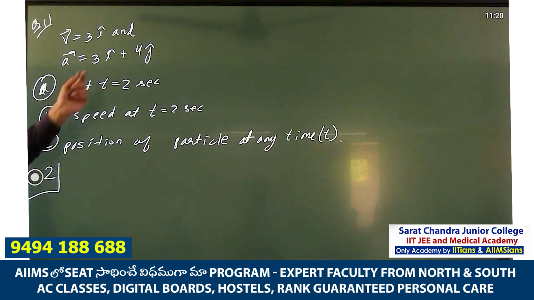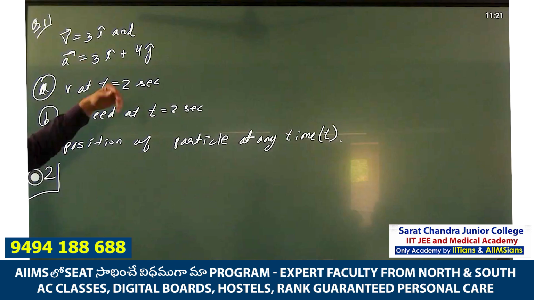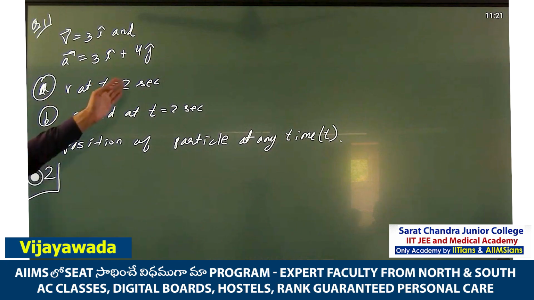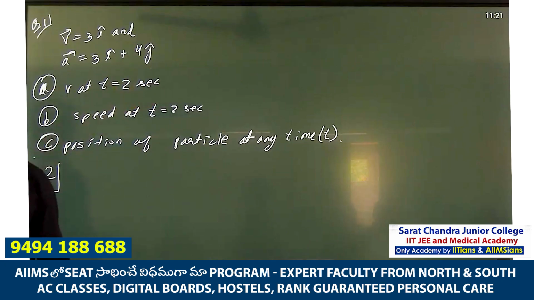Acceleration given in x direction 3, y direction 4. So in x direction, initial velocity 3, acceleration 3 and velocity at t equal to 2 he asked. So in x direction you solve velocity, in y direction you solve velocity. V vector equal to vx i cap plus vy j cap.